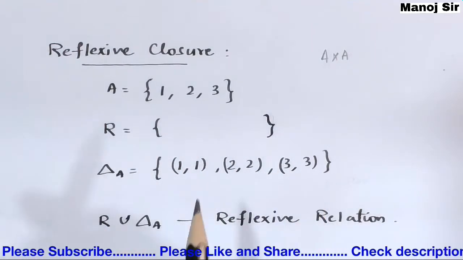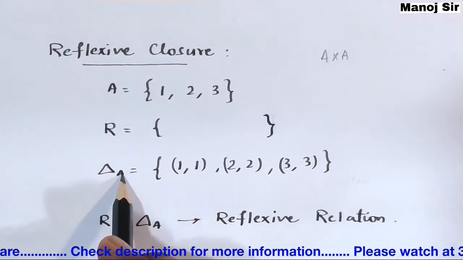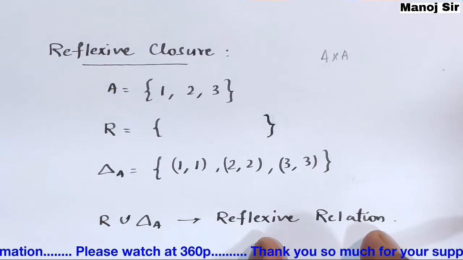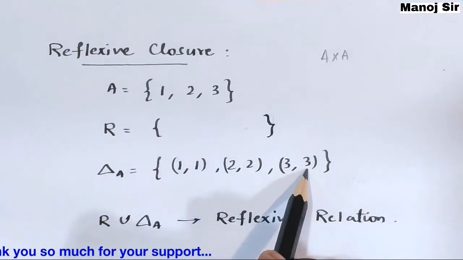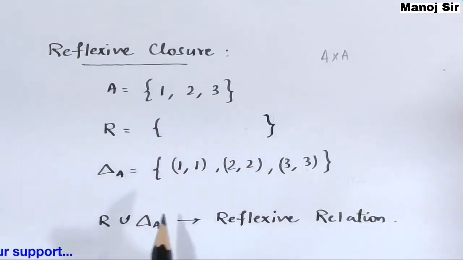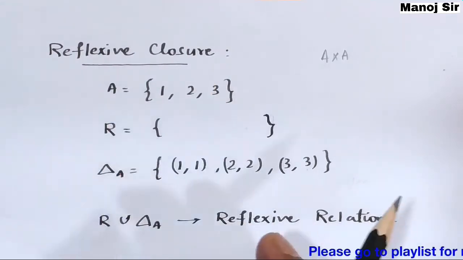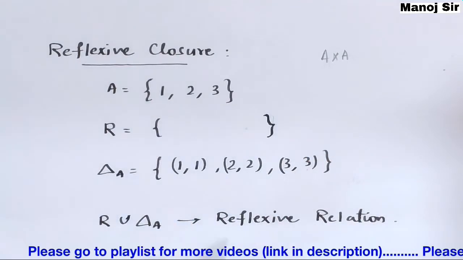Now if you apply the union operation between this and this, you will get the relation as reflexive relation. It doesn't matter whether this pair is present in this relation or not, because if you take the union operation between this and this, you will get all of these.